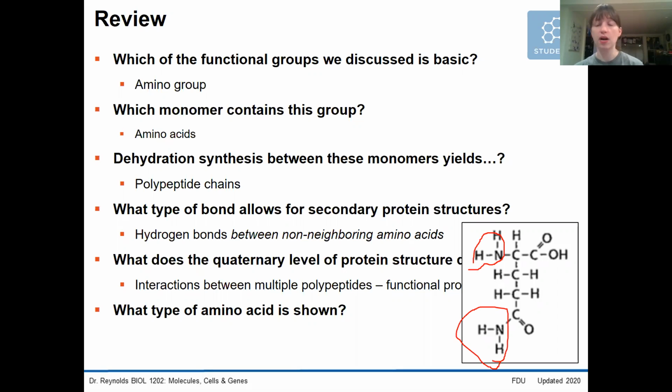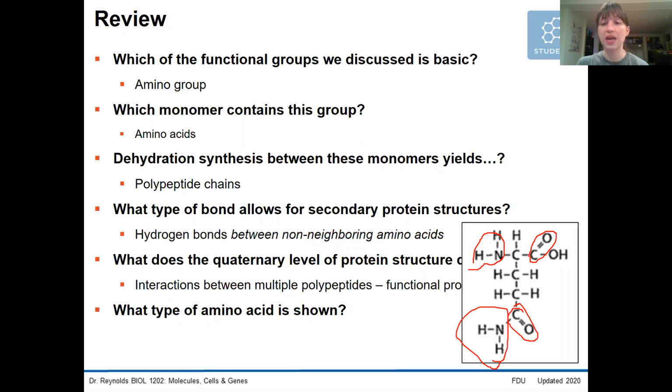The second part of an amino acid is an acidic group. So which group do we know is acidic? That would be a carboxyl group. A carboxyl group is composed of both a carbonyl group and a hydroxyl group. Well, we have 2 carbonyl groups, one here, and we have one here.